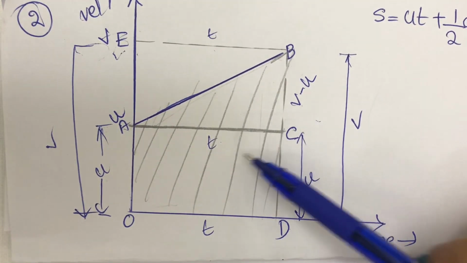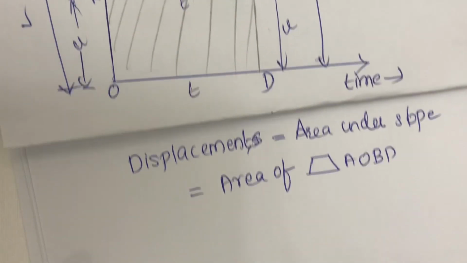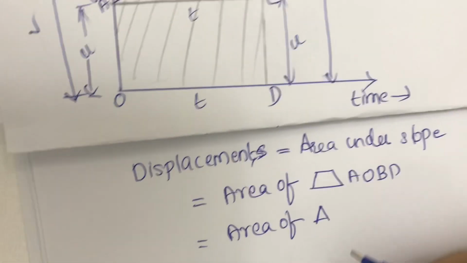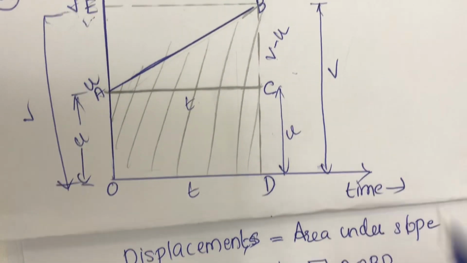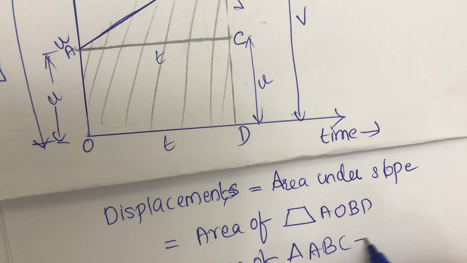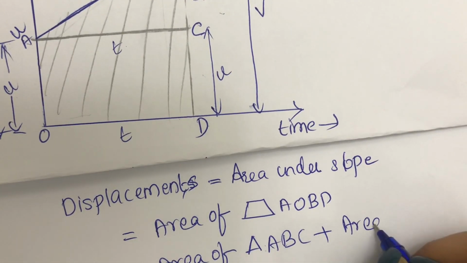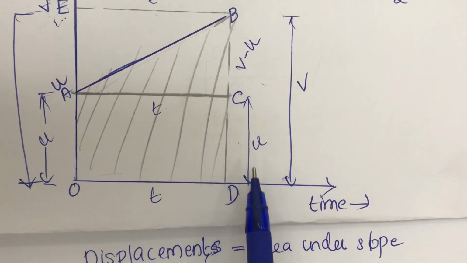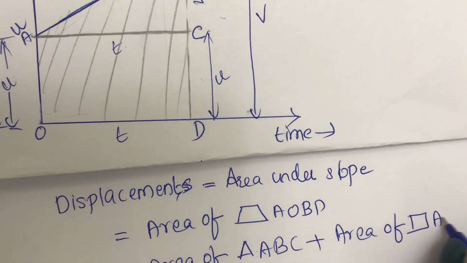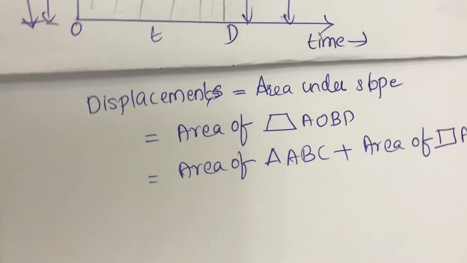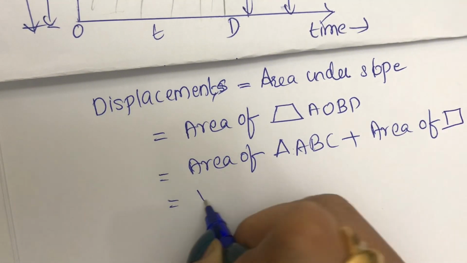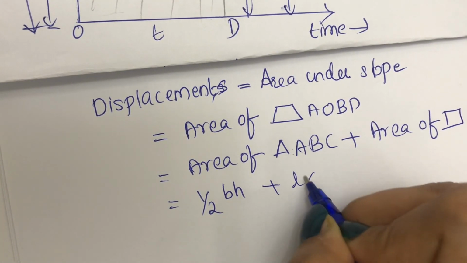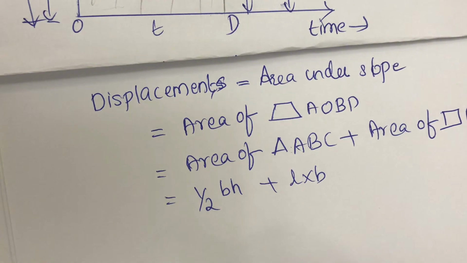Area of this triangle plus this rectangle, no? So area of triangle we can call ABC, plus area of rectangle, how much is it? ACDO. So area of triangle is what? Half base into height, no? Plus area of rectangle is L into B, length into breadth.